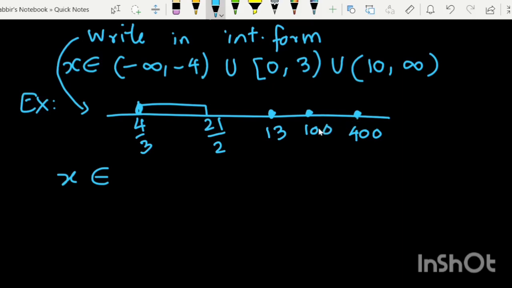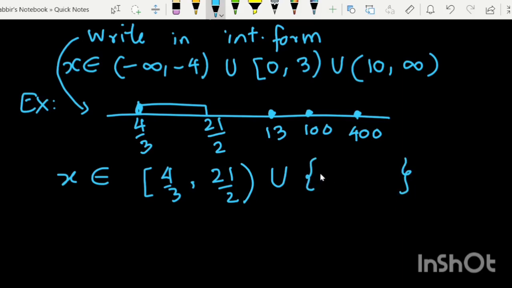So how can we do that? x belongs to, we can write it like this, guys. 4 by 3 is included, to 21 by 2 which is excluded, so round bracket. Now please see this union. Discrete points, as we have seen in set theory, are written inside curly braces separated by commas: 13, 100, 400. That way we can write, guys. So that's a way of writing a solution set in interval form.